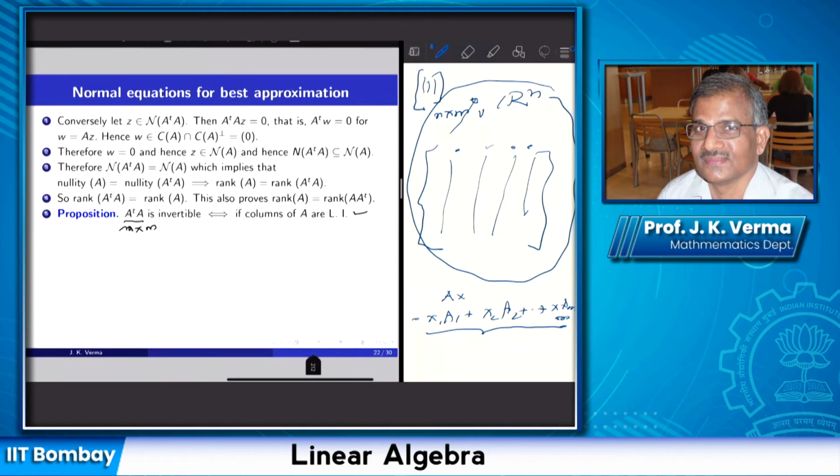Column rank is the rank of the matrix, and this is a simple application of the fact that the rank of A is the rank of A transpose.